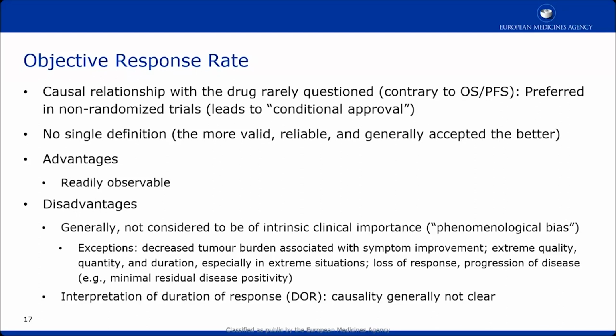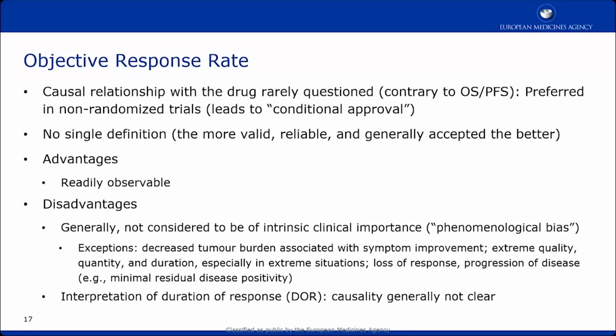And then, okay, there are ways to deal with that as well, either extreme effects or indirect comparisons or more sophisticated comparisons with external controls. But in general, these time-related endpoints are difficult to look at, contrary to response rate.